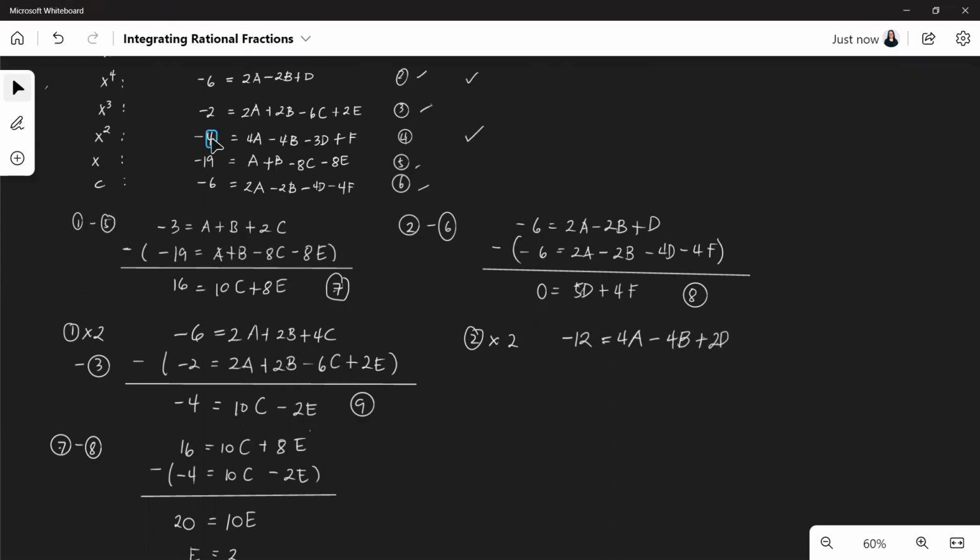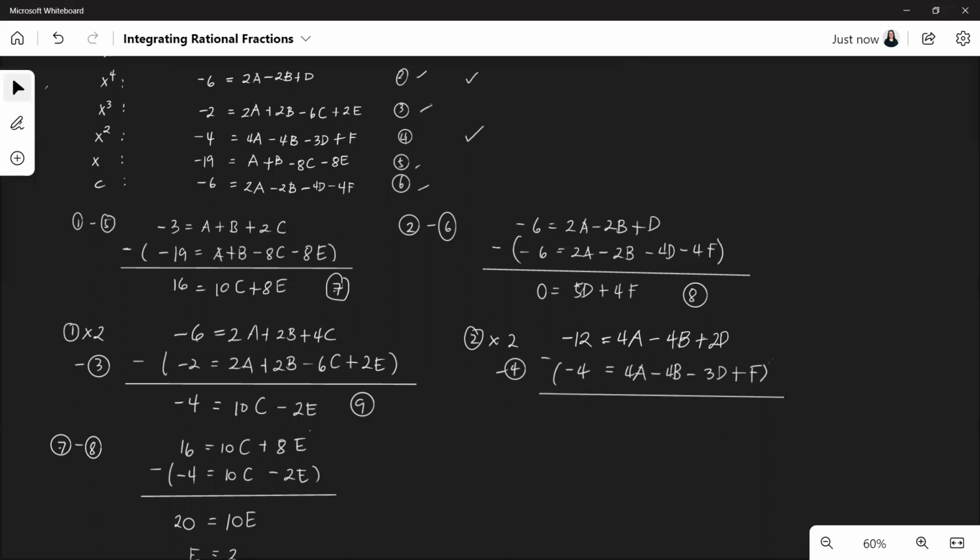Then you subtract equation 4 to eliminate 4A and 4B. Let's just copy it: negative 4 equals 4A minus 4B minus 3D plus F. Perform subtraction.